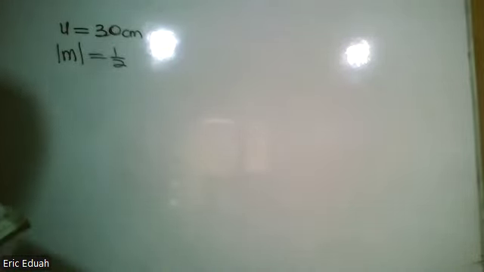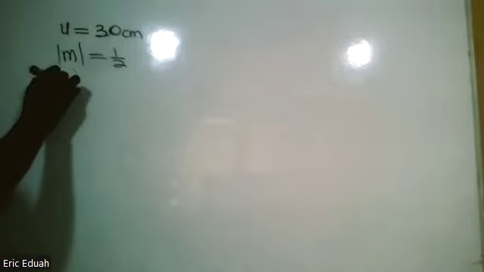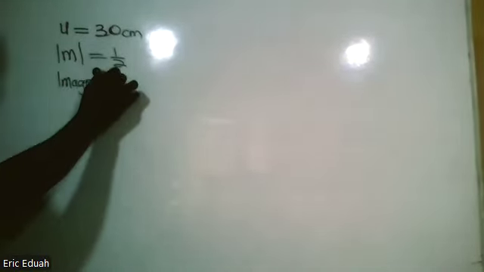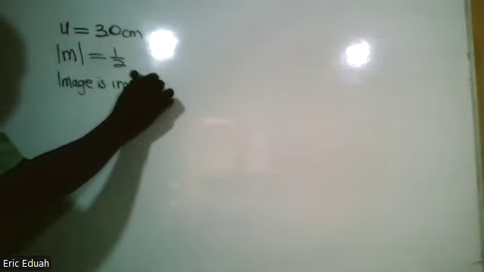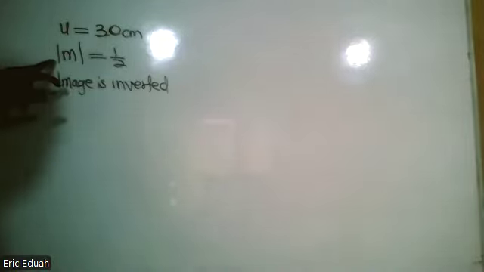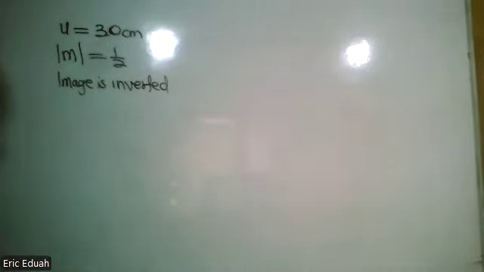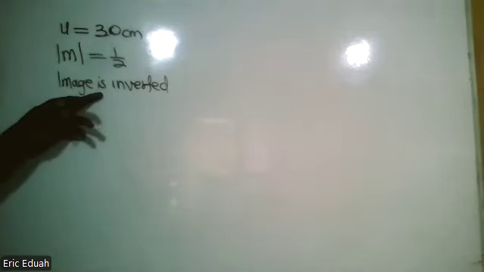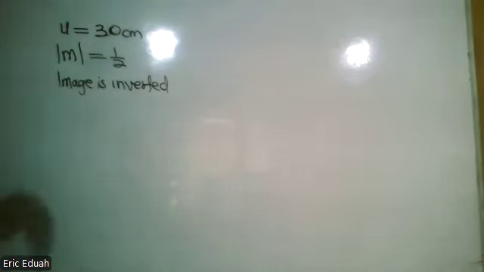And you are told the image produced is inverted. So Gabby, if you are given all these details, that magnification is half, image is diminished, and image produced is inverted, Gabby, what kind of mirror is this?